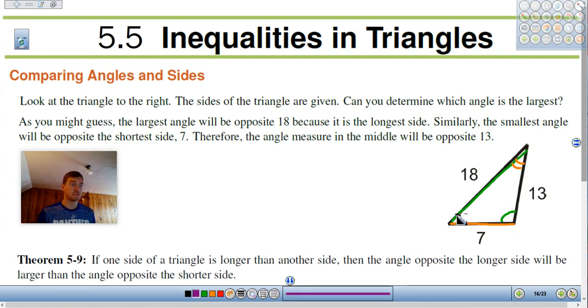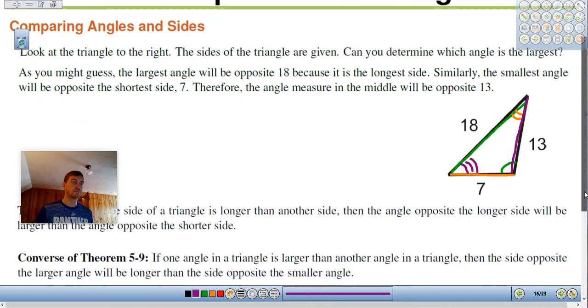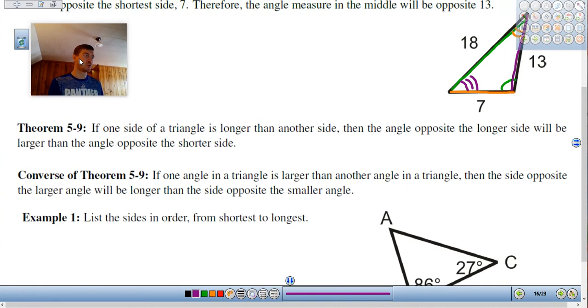And then that means the middle length side will be across. So there's this relationship. The side across from the angle does determine its rank within the triangle as far as angles go.